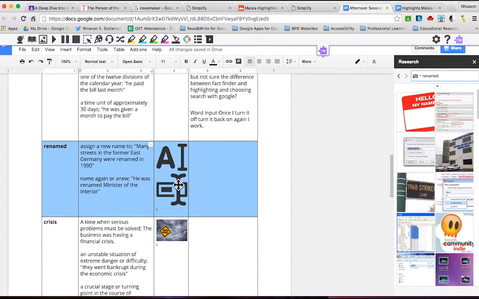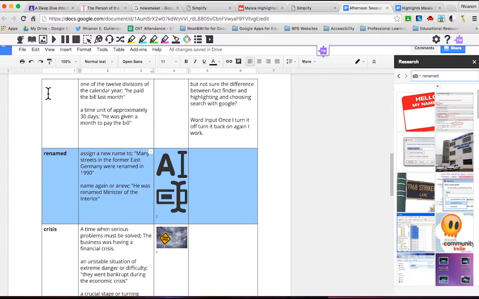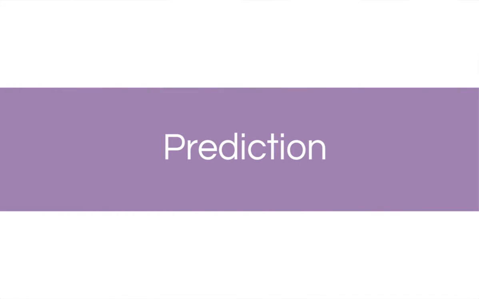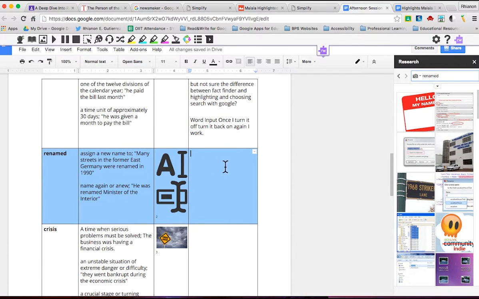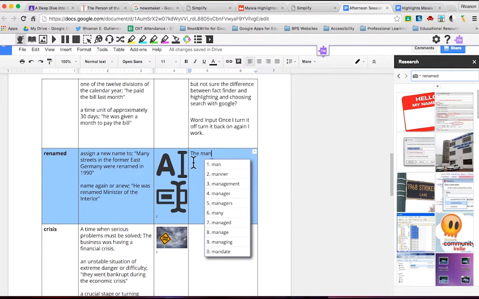I encourage you to play around with two very handy features. The first is prediction. Now this predicts words. You can go ahead and start typing, and it will give you a list of possible words. Sometimes it doesn't work right away, so you have to give it a little bit of time.